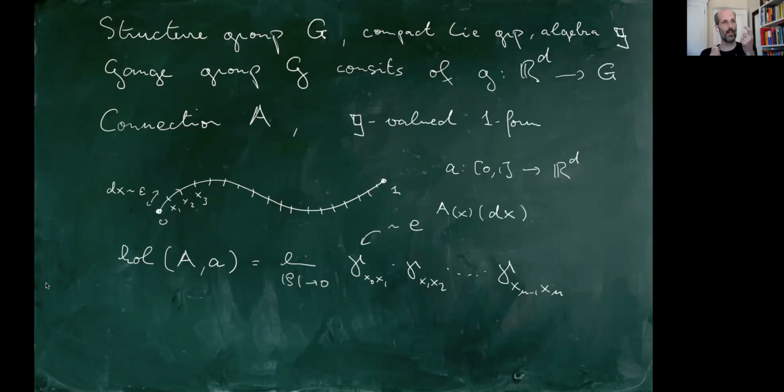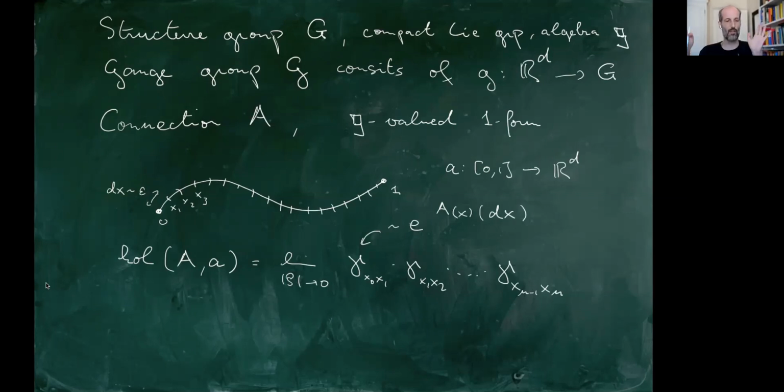It's some little vector that tells you in which direction you move. And the A is a one form, right? And so if I feed it the vector dx, that gives me an element of the Lie algebra, a very small element of the Lie algebra, and then I exponentiate it, I get an element of the group, and I multiply all of these group elements.